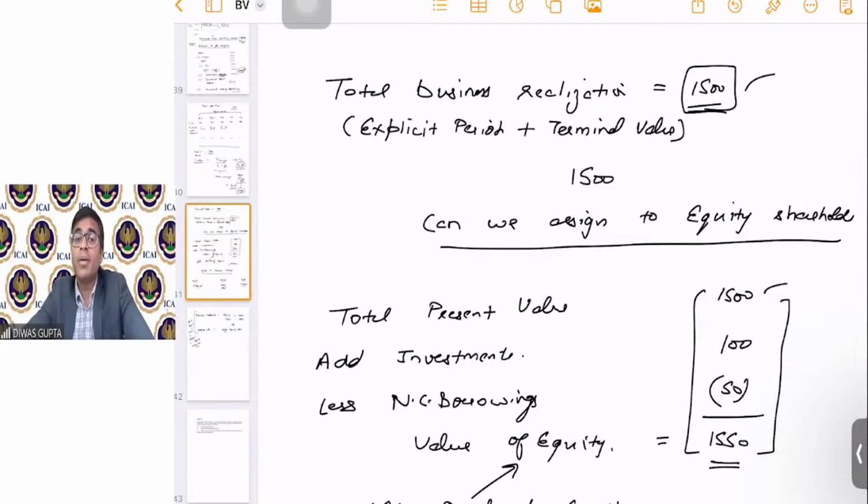Please think about it, because in all these approaches, even in the cash flow based approach, you are ultimately reducing your non-current borrowings, which means that you are trying to achieve the final value of your equity, because ultimately you will pay the target company the equivalent value of equity that you are able to calculate, because debt is simple.